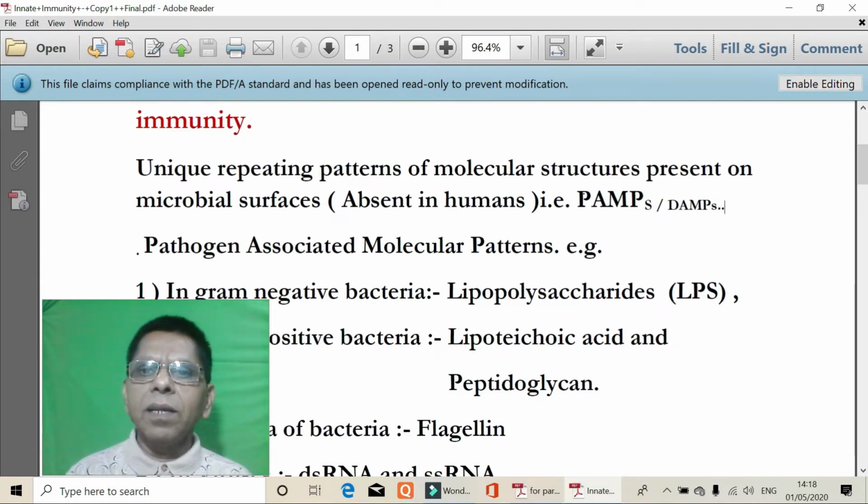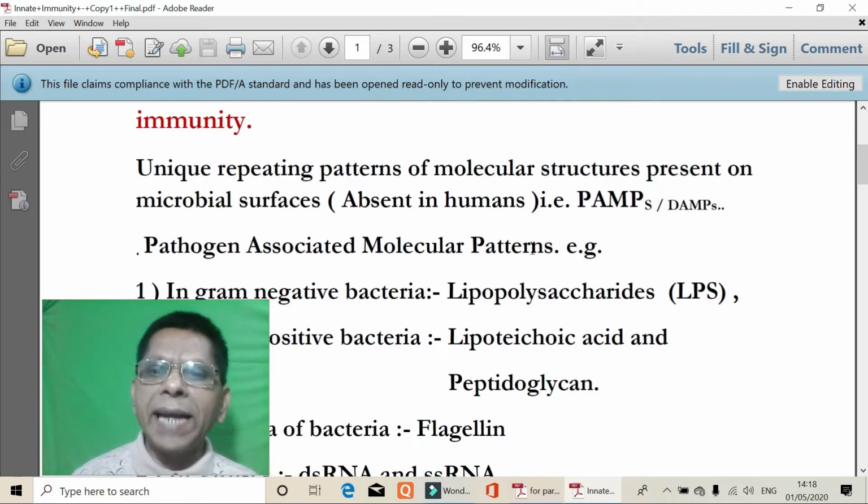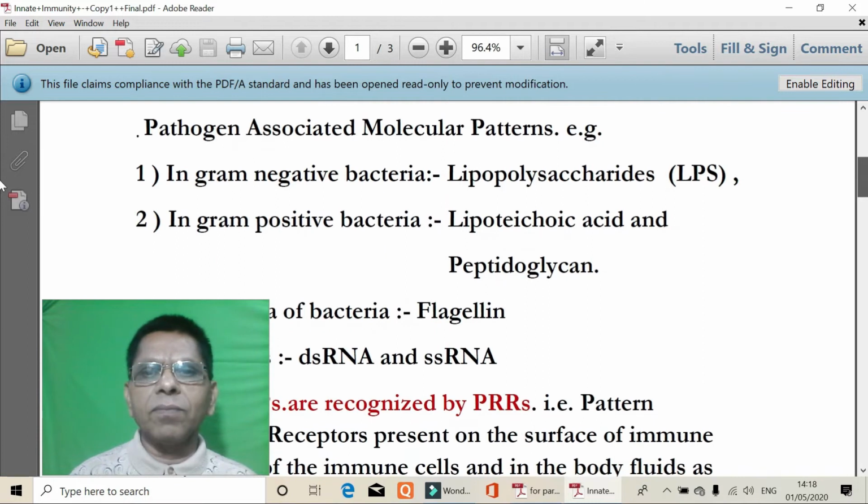Then the concept here we have to learn is PAMPs, that is pathogen associated molecular patterns. So these pathogen associated molecular patterns are located on antigens, that is the foreign bodies.